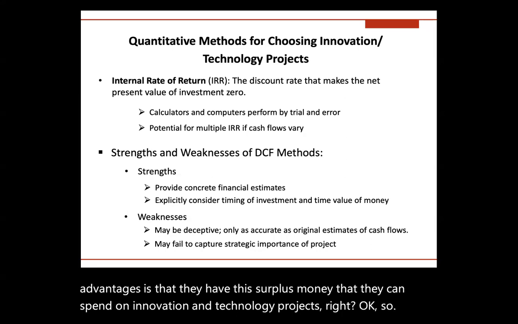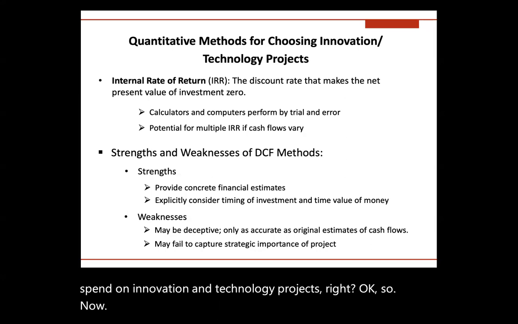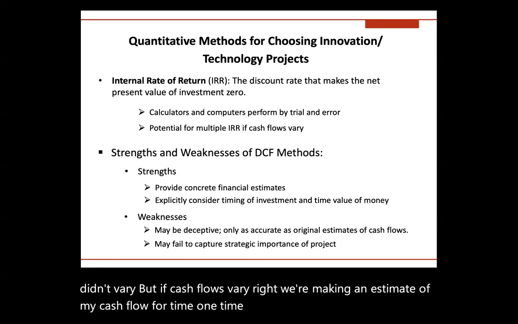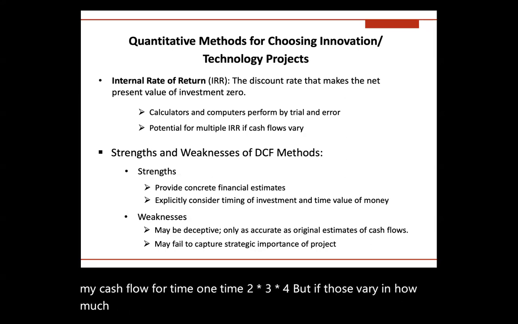Now, again, if cash flows vary, right? In this case, we assumed that cash flows didn't vary. But if cash flows vary, we're making an estimate of my cash flow for time 1, time 2, time 3, time 4. If those vary, we couldn't really calculate a fixed cash flow.